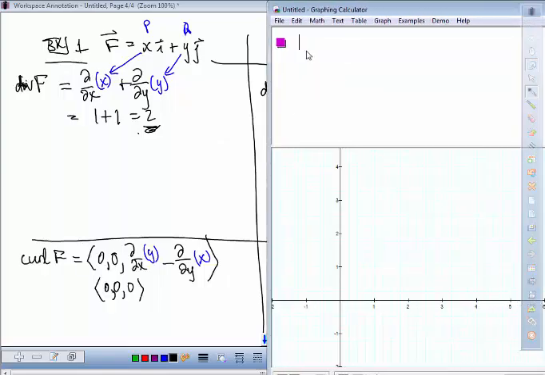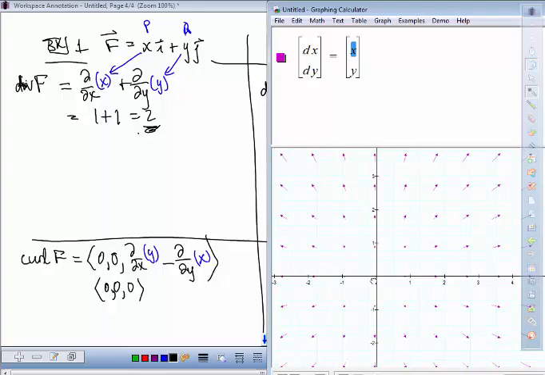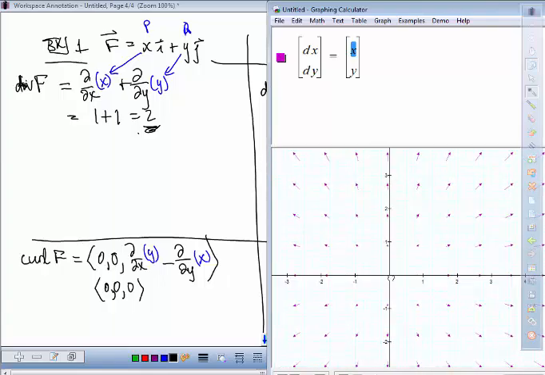So let's start with this vector field, dx and dy, and then it's just going to be x, y, right? And then I think we saw this before, where the vector field looks like just outward arrows.